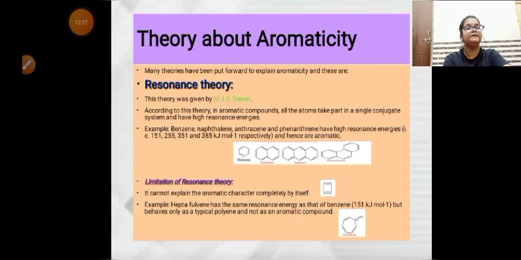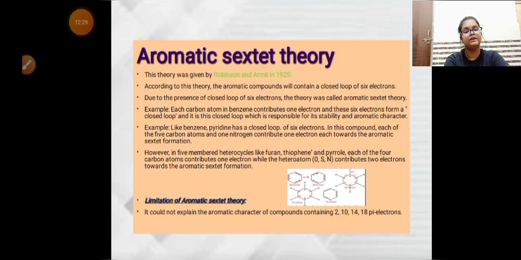The next theory is the aromatic sextet theory, given by Robinson and Armit in 1925. According to this theory, aromatic compounds will contain a closed loop of 6 electrons. We all know that carbon has an electron configuration of 1s2, 2s2, 2p2. In the excited state, it is 2s1, 2px1, 2py1 and 2pz1.